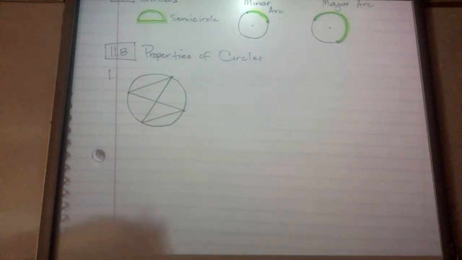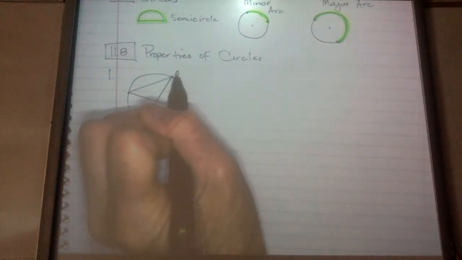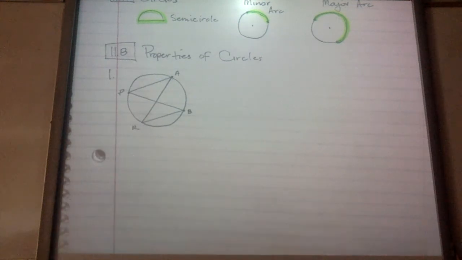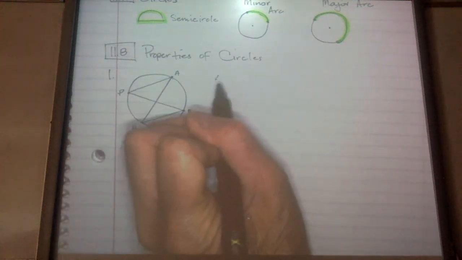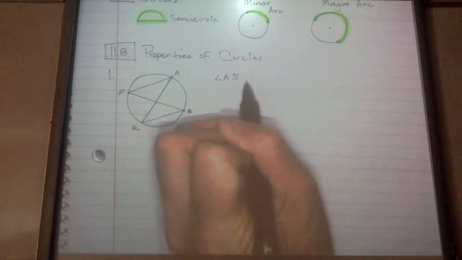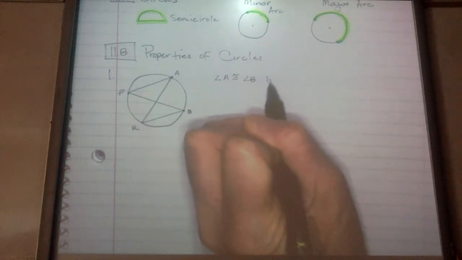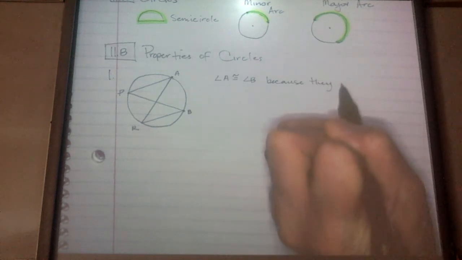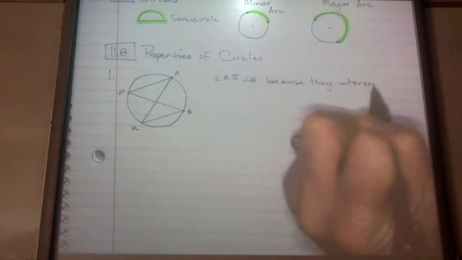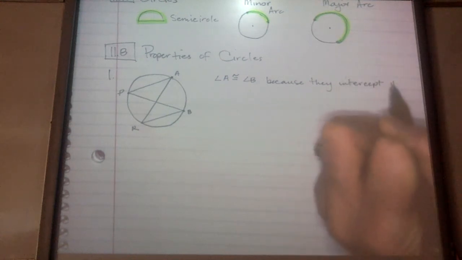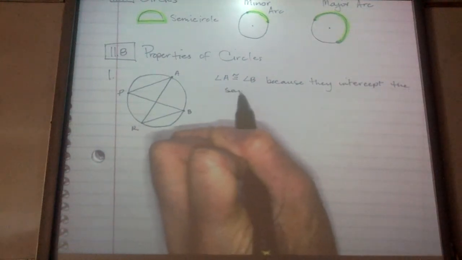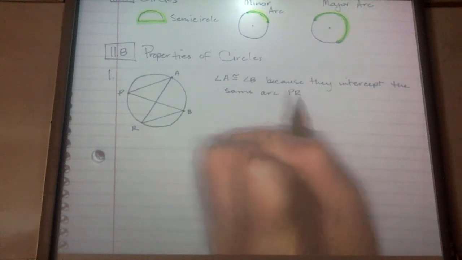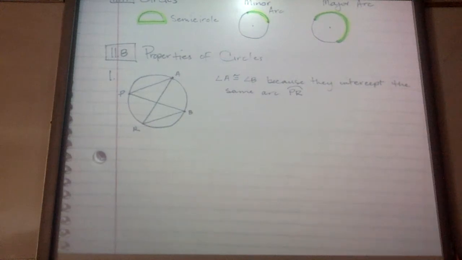So I'm going to label this A, this B, this P, this R. So I know that angle A must be congruent to angle B because they intersect the same arc, which in this case is PR.